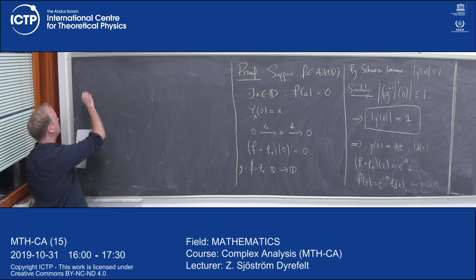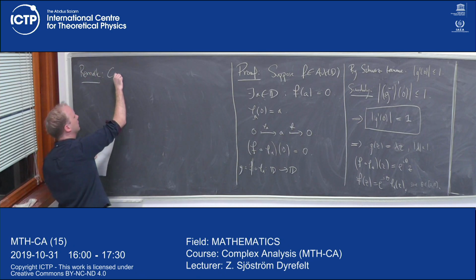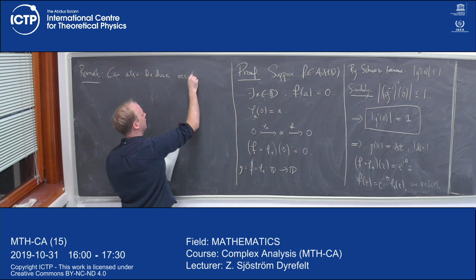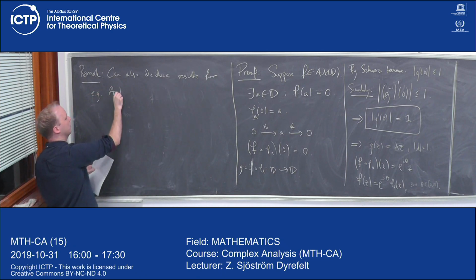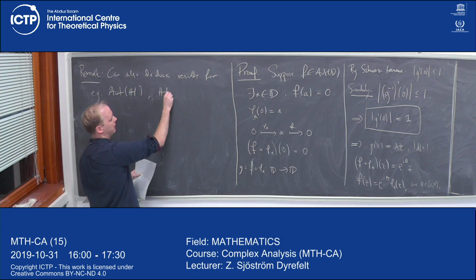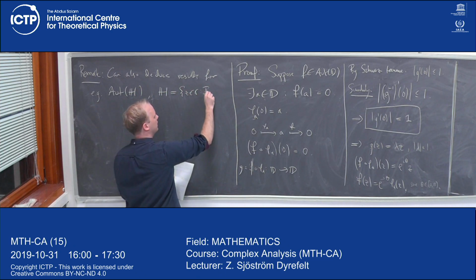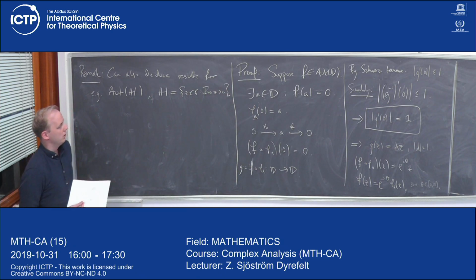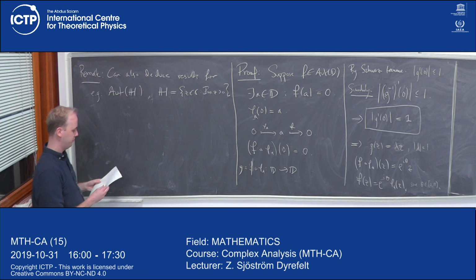So a remark: we can also deduce results for example for the automorphism group of H, where H is the standard notation for the upper half plane, where the imaginary part is strictly positive. Or any other domain that you can map onto the unit disk. But let's take this as an example.